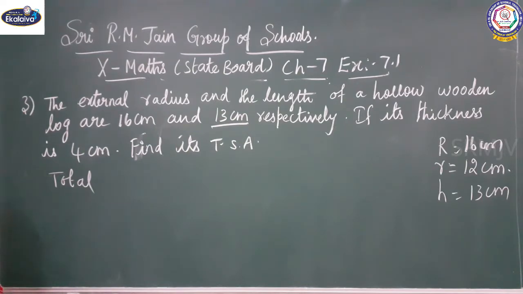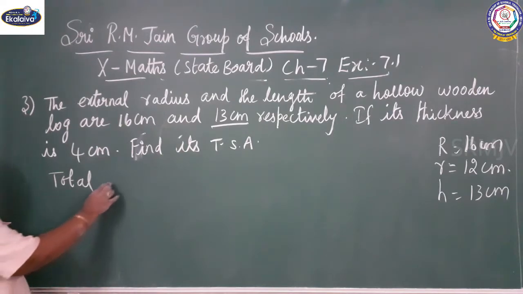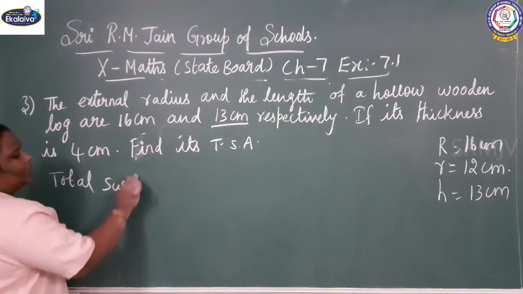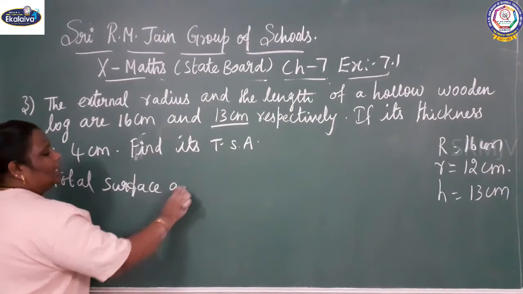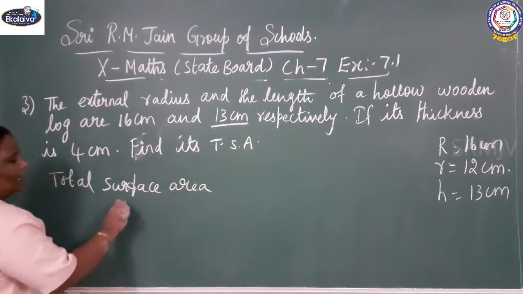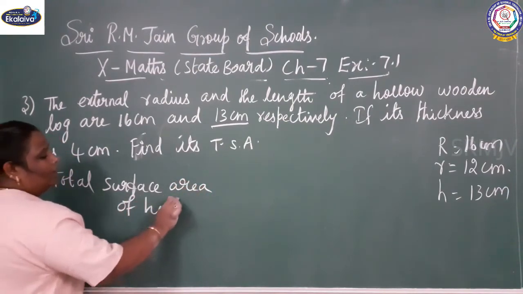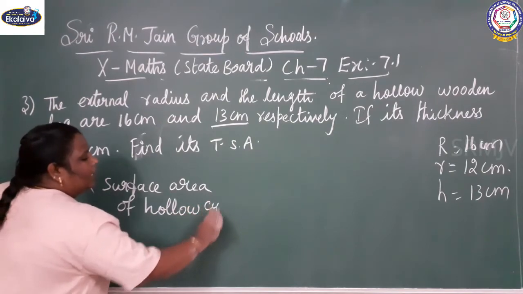See the total surface area of the hollow cylinder, because external radius and internal radius are given. What is the formula?